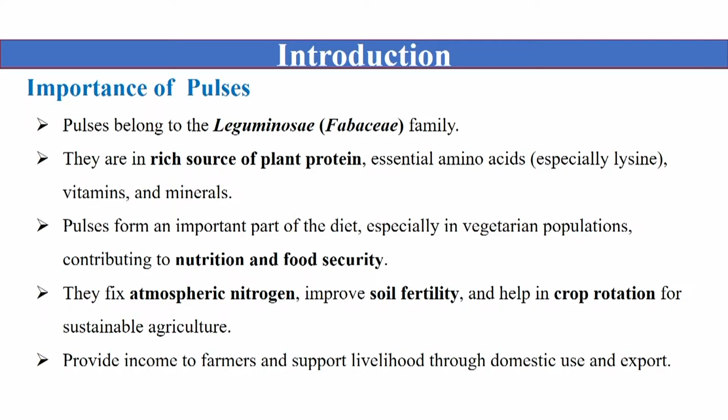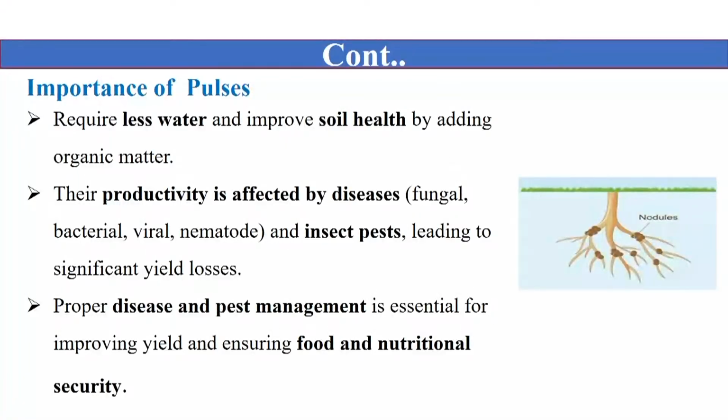Dear learners, pulses are also important because they require less water and improve soil health by adding organic matter. Their productivity is affected by diseases like fungal, bacterial, viral, and nematode diseases.